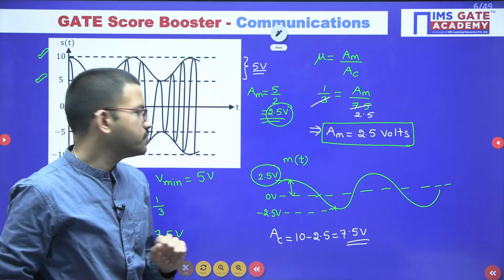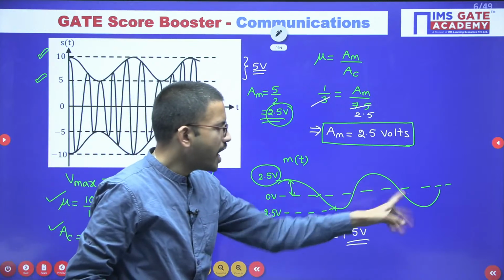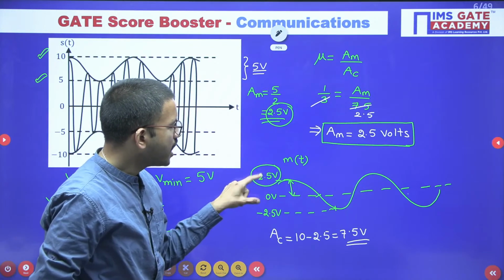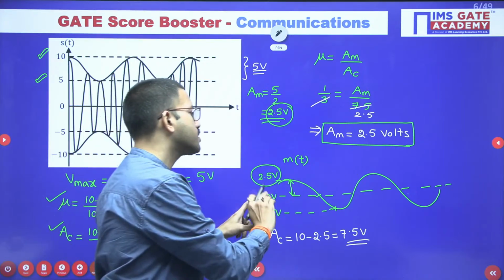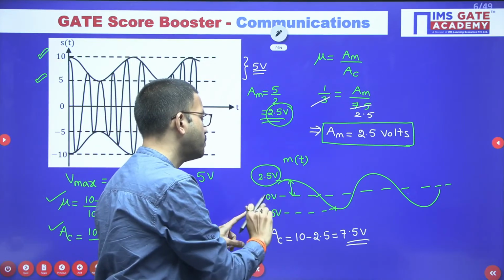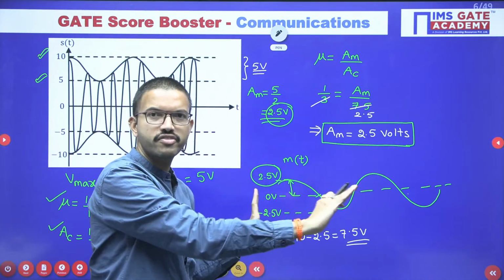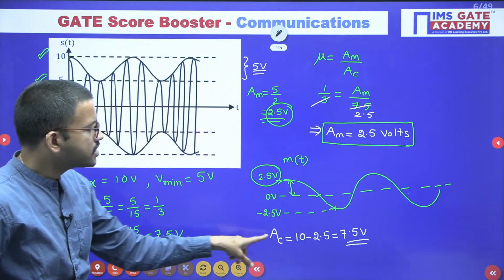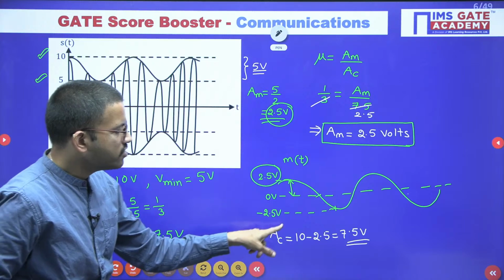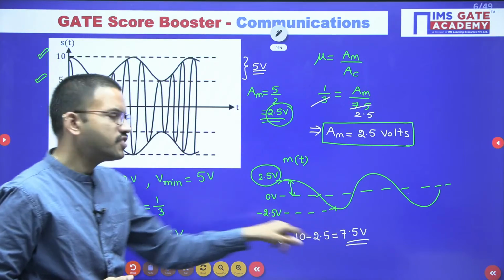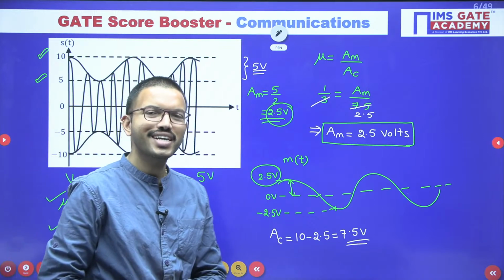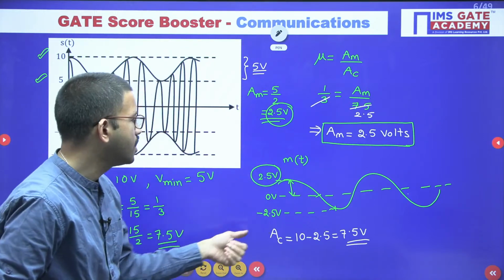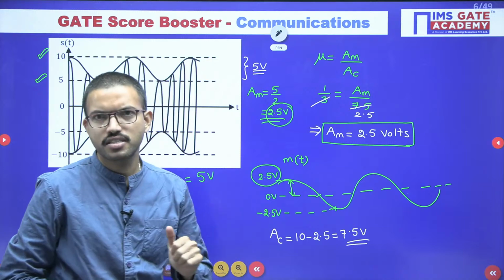Now here, regarding the message signal, the peak amplitude AM is constant, and the amplitude of the message signal varies between minus 2.5 and plus 2.5. In this particular case, since we considered the peak amplitude of the carrier as 7.5, we are getting modulation index as 1 by 3. Now our requirement is 0.1 modulation index. To get that, how much AC do we have to consider?